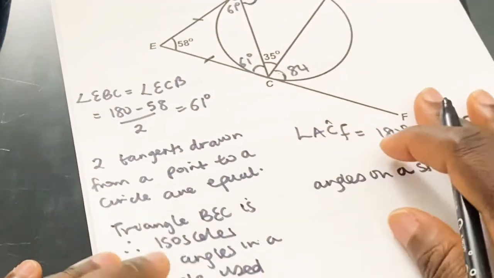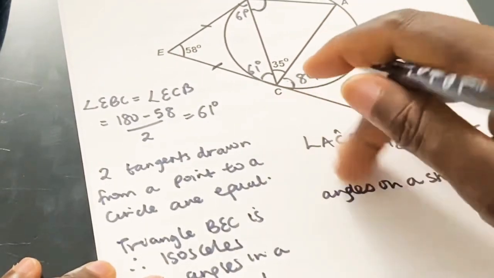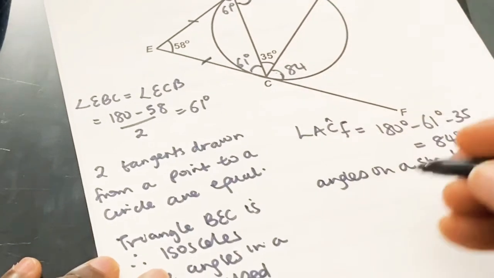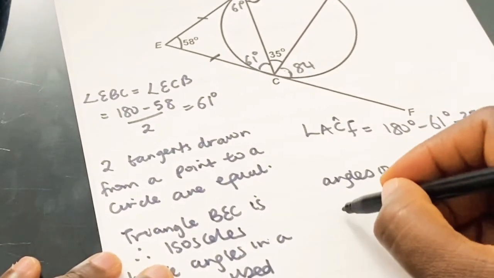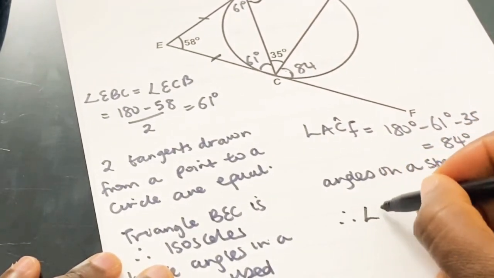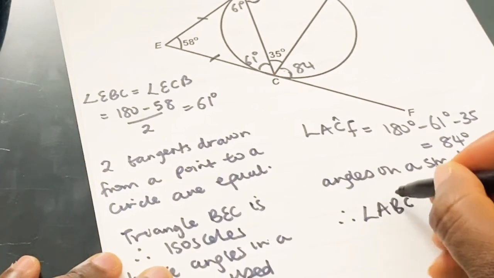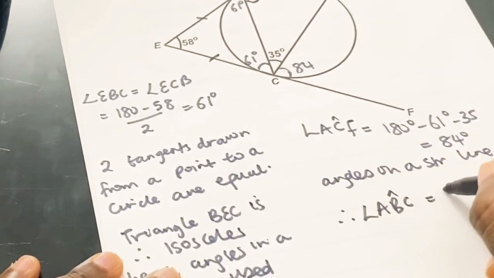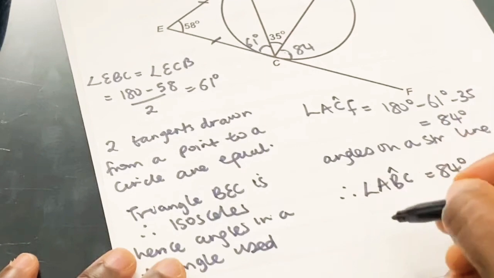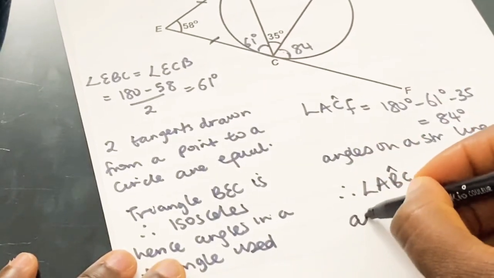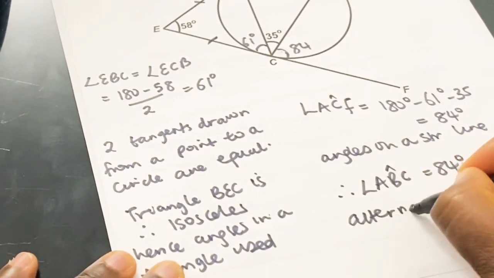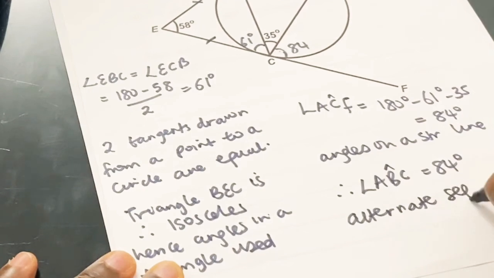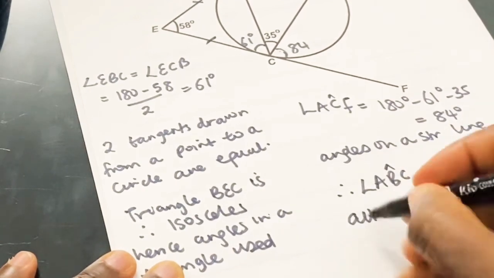If that's 84 degrees, then angle ABC must be equal to 84 degrees, following the alternate segment theorem.